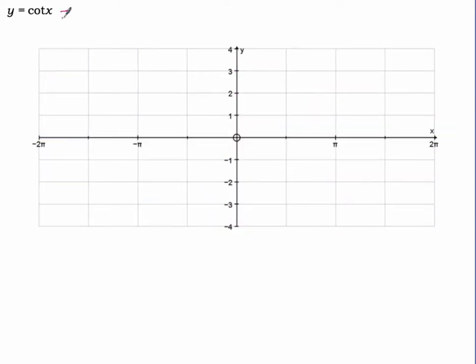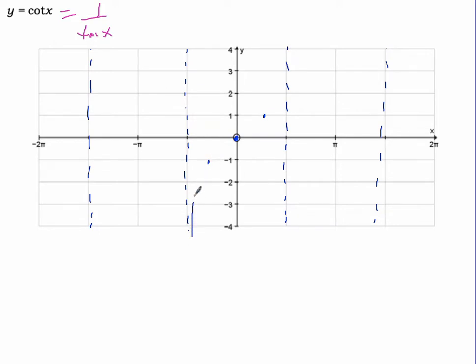Okay, cotangent is 1 over tangent, of course. So let's remind ourselves what tangent looks like. Remember, tangent has vertical asymptotes here. And tangent has 1, and negative 1 there.